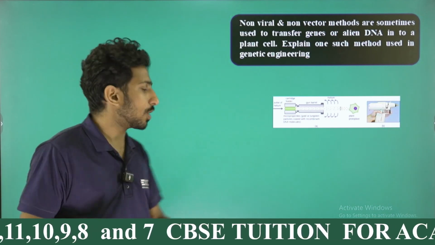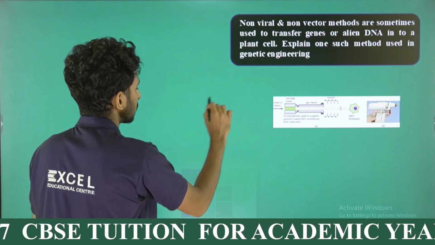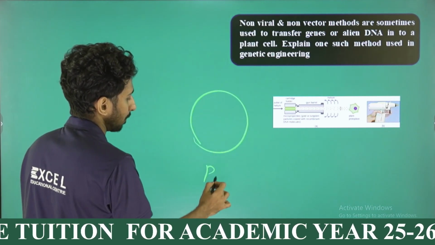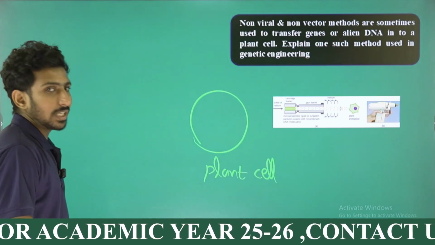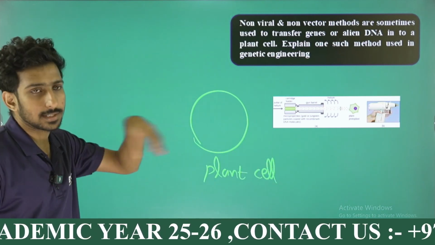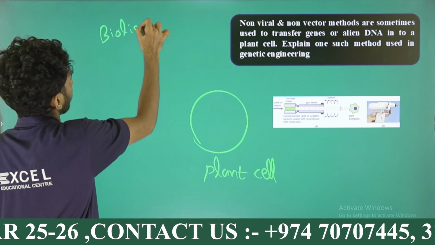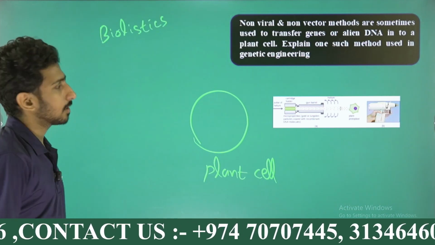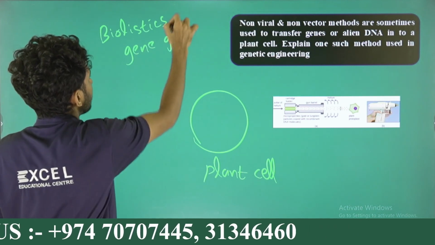If the host cell is a plant cell and we want to introduce foreign DNA into it, we can use a method called biolistics, or gene gun.